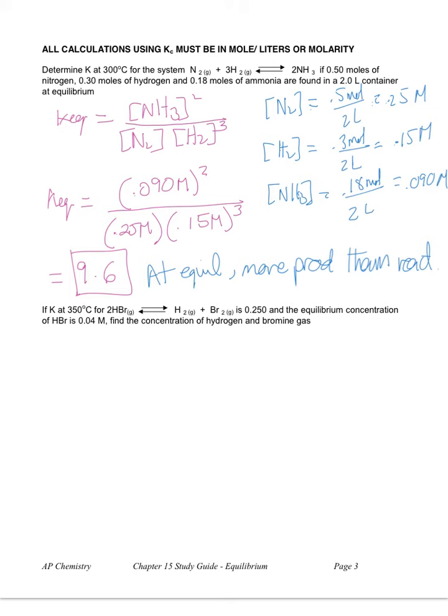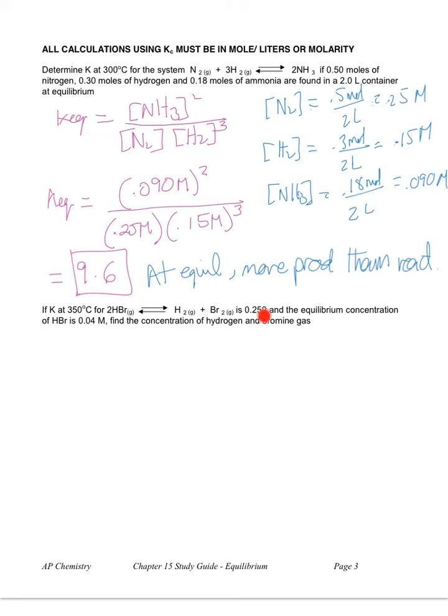All right, let's try a new one. So let's look at the next one. If K at 350 Celsius, again, they're just telling us the temperature because K would change if you were to change the temperature. So it's this K at this temperature. We have HBr decomposing into H2 and Br2 gases. And they actually give us that K is 0.25.